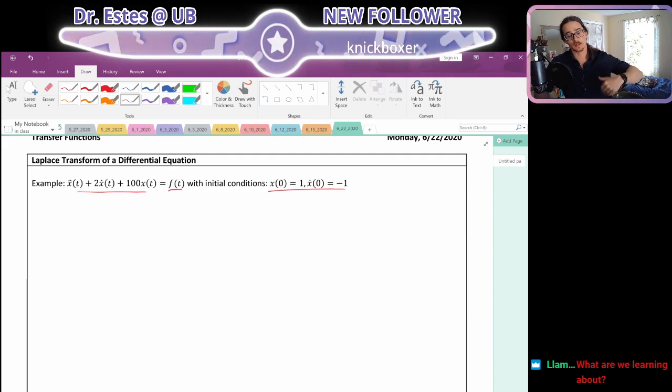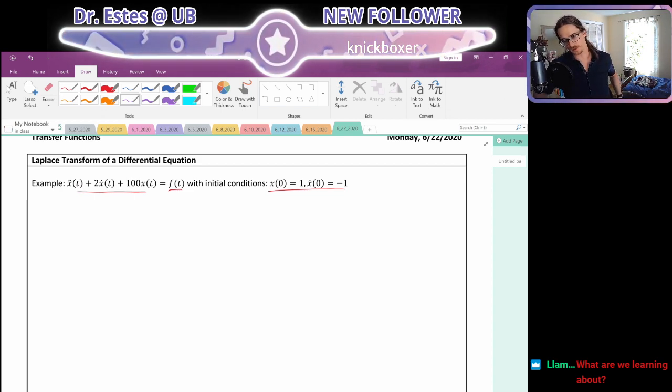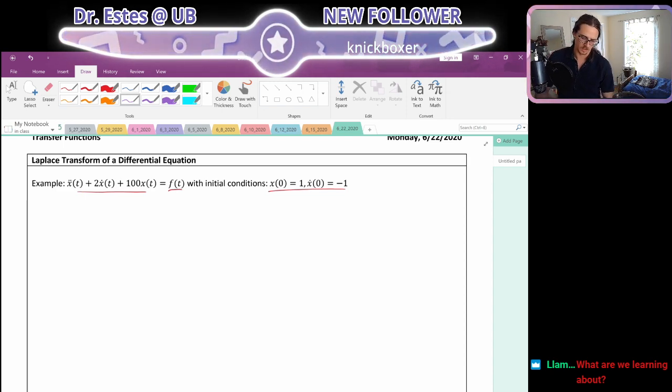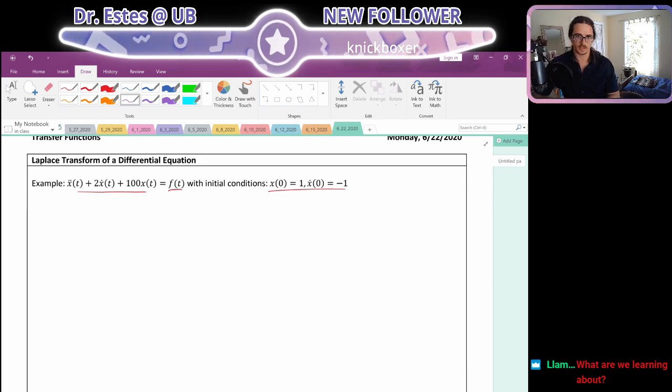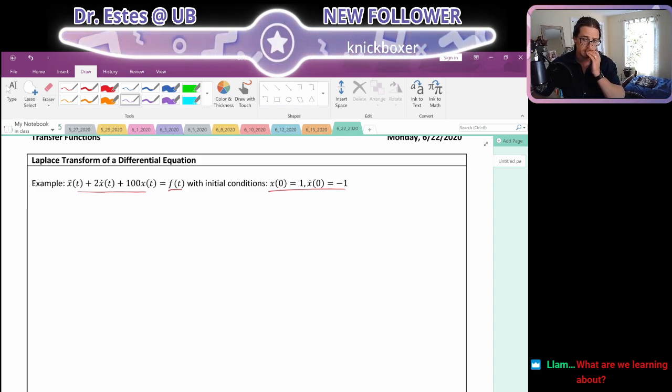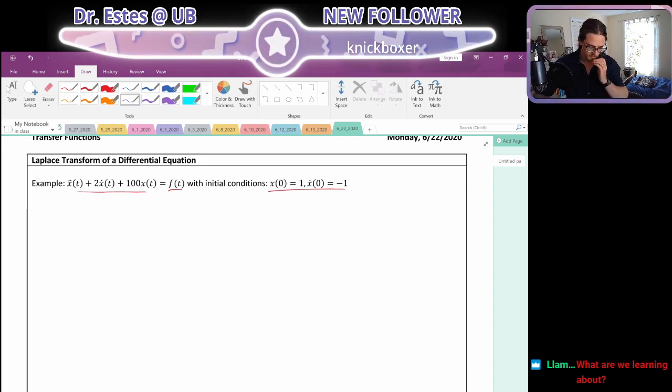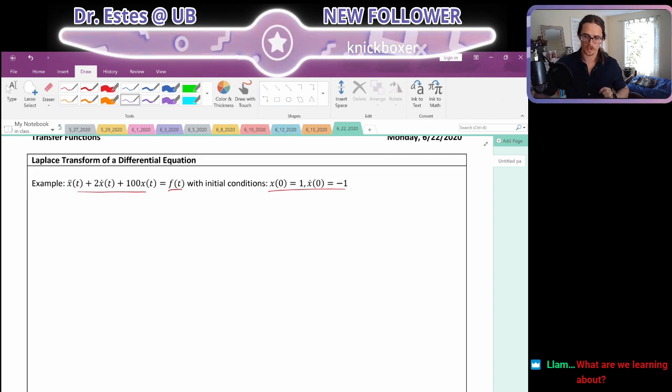And then later, if you really like dynamics, we use transfer functions all the time for designing control systems for like cars, aircraft, whatever. So I should have mentioned that at the beginning as well. Transfer functions are used very often in control systems.